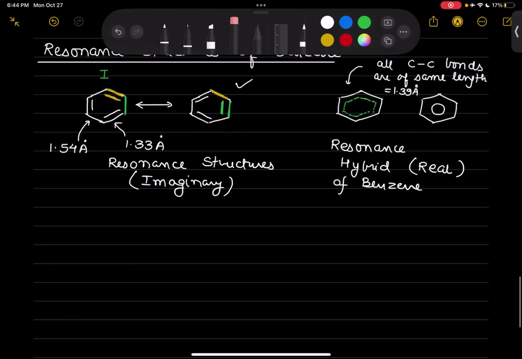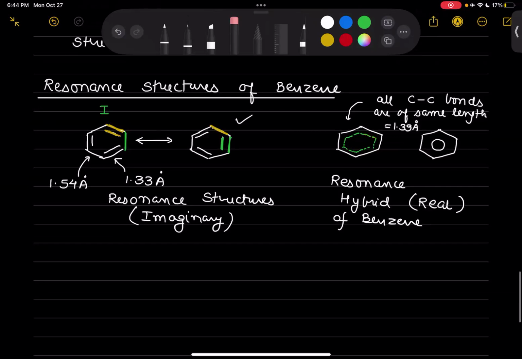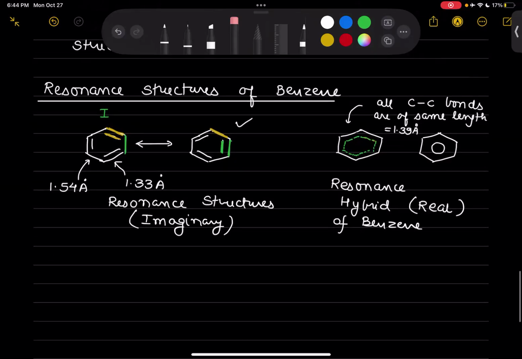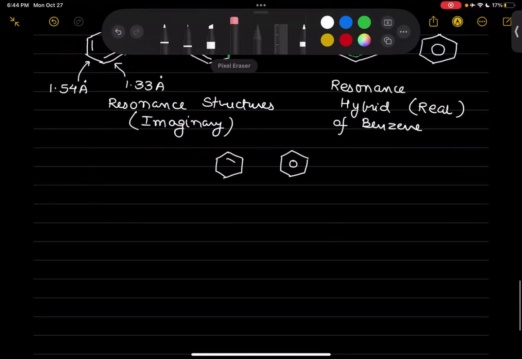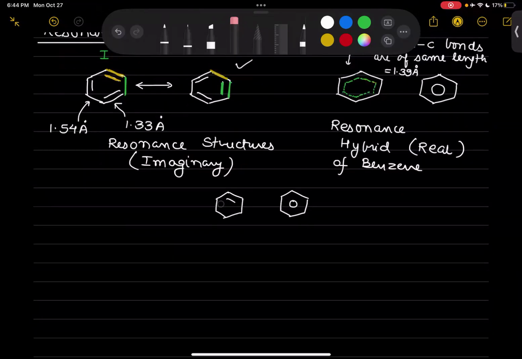Experimentally you can make this out by checking the bond length. All bond lengths are 1.39 angstrom. When you compare it with the energy, this is the first canonical structure and this is the second canonical structure.